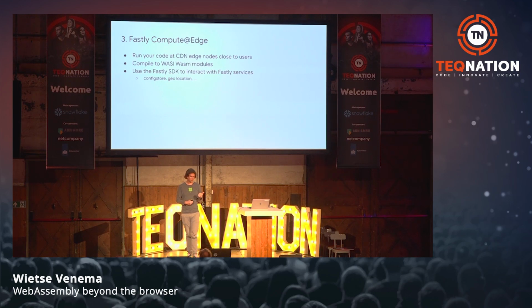So they also compile to WASI Wasm modules, and they also provide additional services. So you have a geolocation API and a config store and a key value store. So you can implement things like rate limiting. And again, the architecture looks very similar to the Wasm as a service demo that I gave.